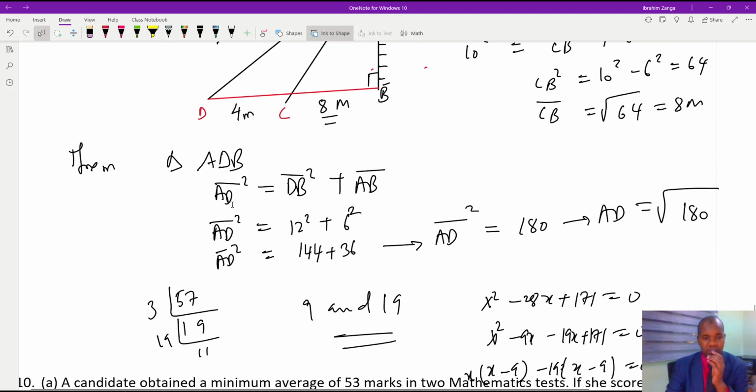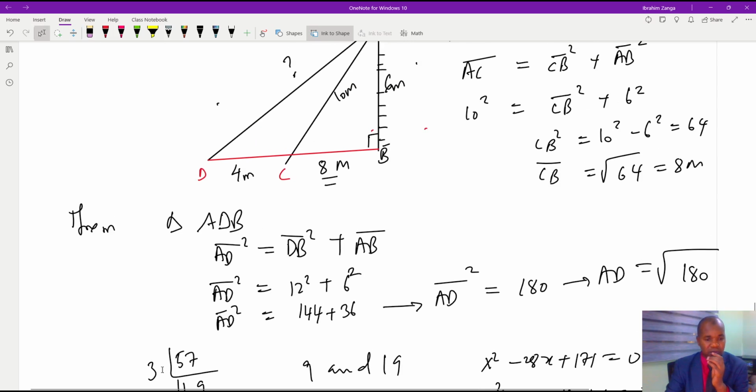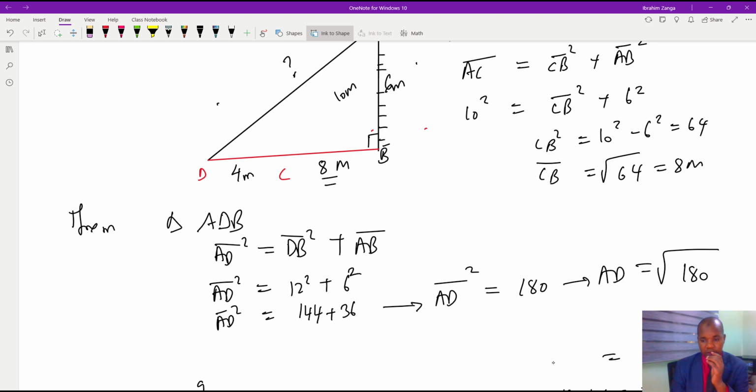When you simplify, AD equals square root of 36 times 5, and this is going to be 6 root 5 meters.